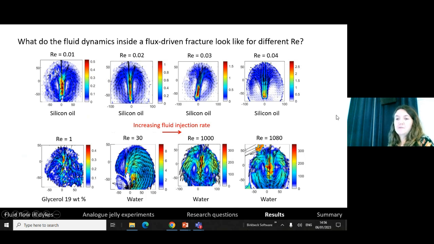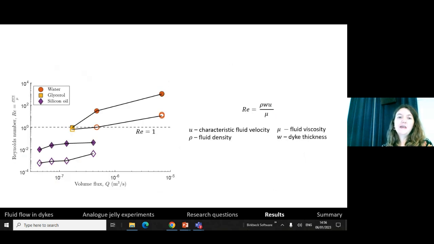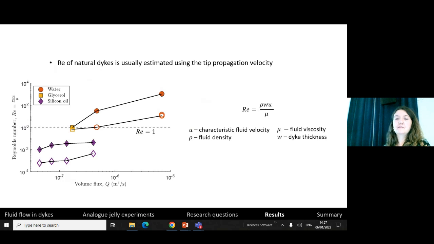To understand more about the dominant forces, we can look at the Reynolds number in more detail and plot it against the volume flux of the fluid. There are two Reynolds numbers for each experiment, because in nature it's the tip velocity that's often the relevant and measurable parameter, as opposed to the internal fluid velocity, and people often estimate the Reynolds number of a dike using that tip velocity.